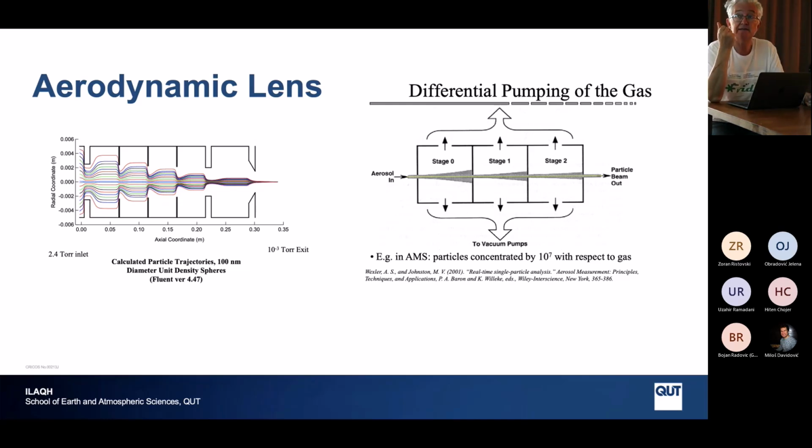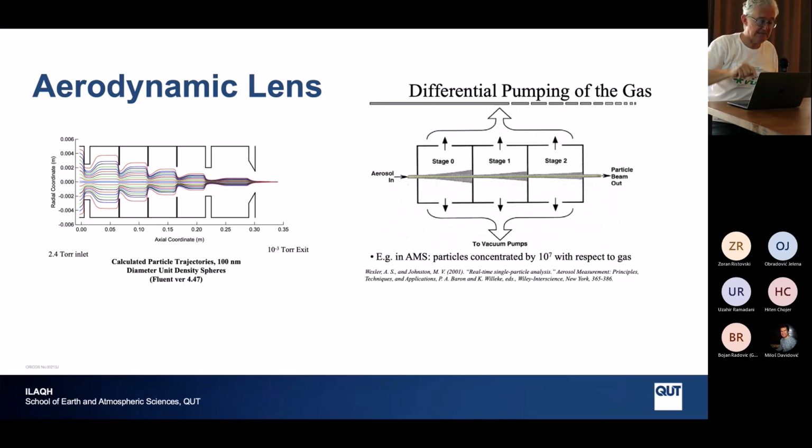The disadvantage is that you will lose large particles. Every aerodynamic lens has an upper cutoff. For the AMS, it used to be 1 micron, and they came up with a new 2.5 micron aerodynamic lens. Also, the smaller particles will be lost. Simplifying it, it's a series of collimated openings.